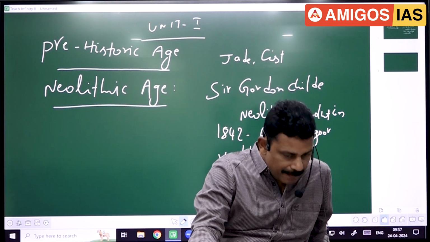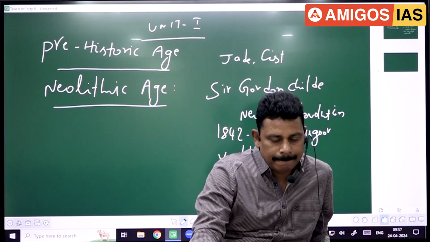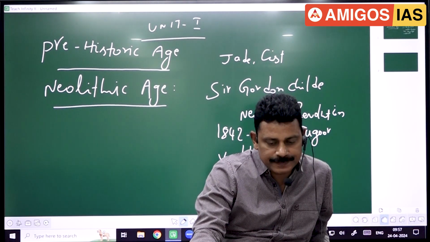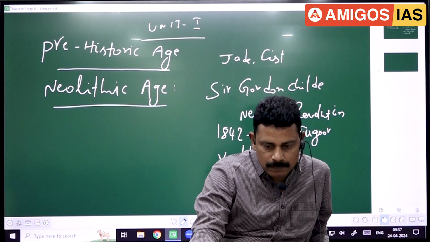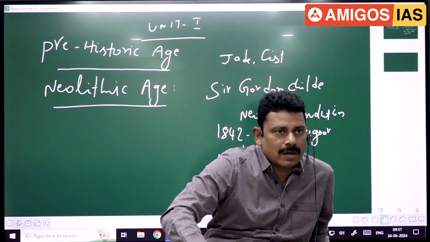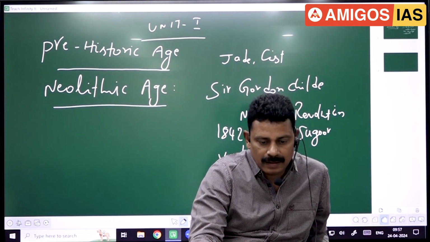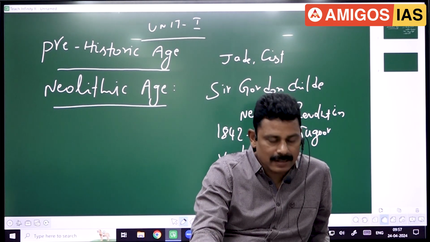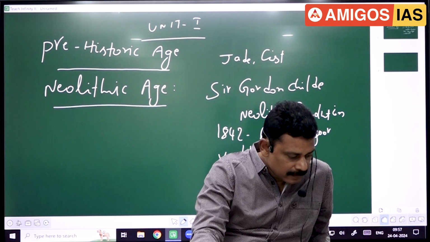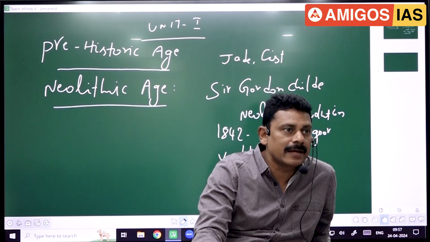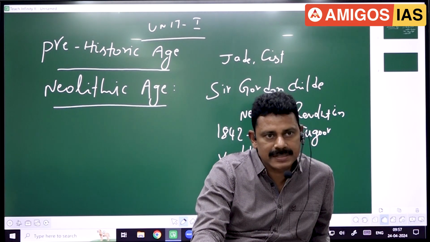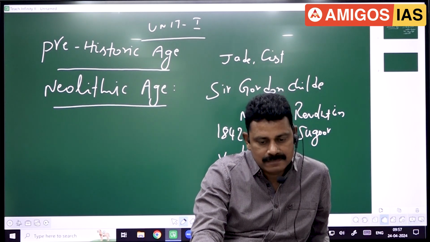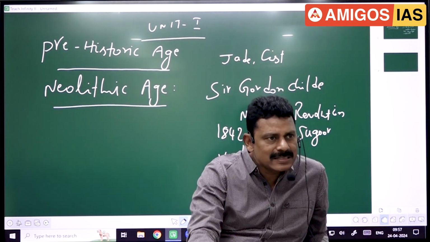Coming to the sites, the major sites of this period. Nagarjuna Konda. What we have found at Nagarjuna Konda? The settlements of Neolithic man were found. Where did he used to live?